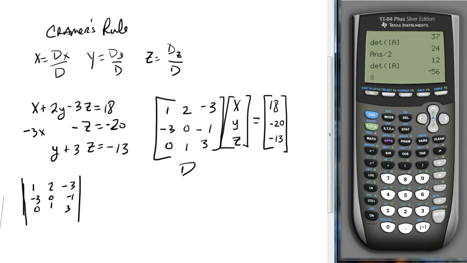Crunch this in, find the determinant. Try it out. I get D equals 28.